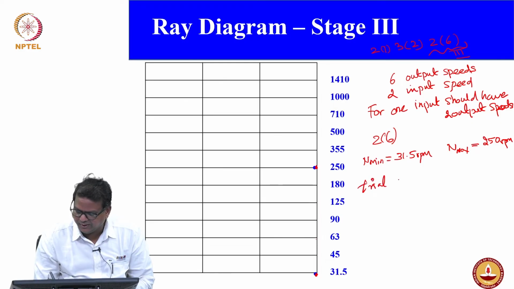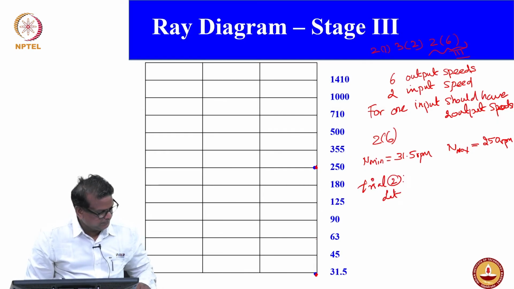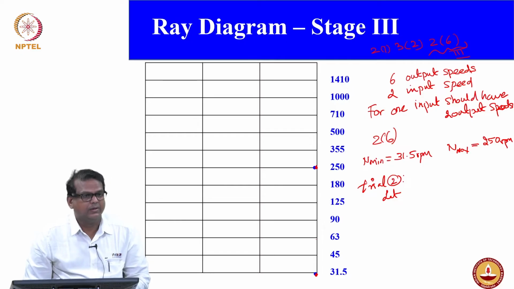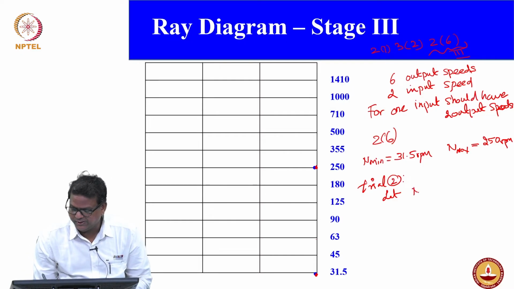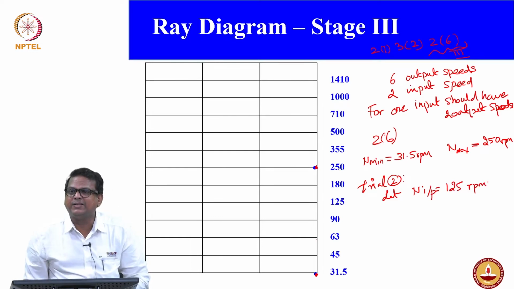We did trial 1 and it is not matching. Now, what speed are we going to use? 125 rpm. Can we choose 125 rpm? So, n input 125 rpm. Again, we have to check this I max and I minimum.